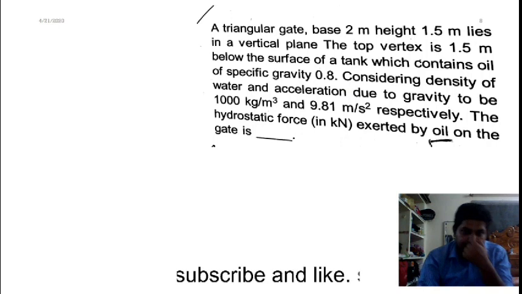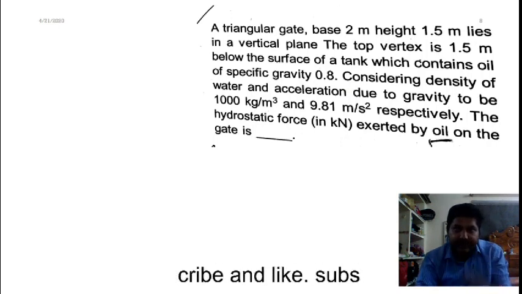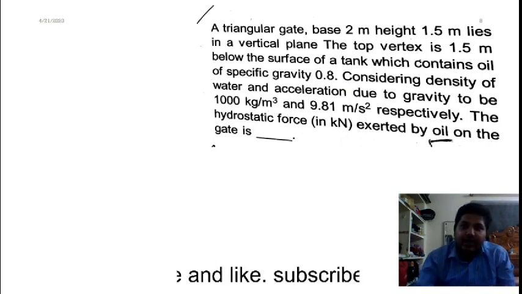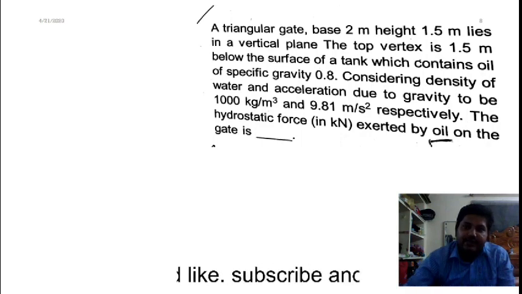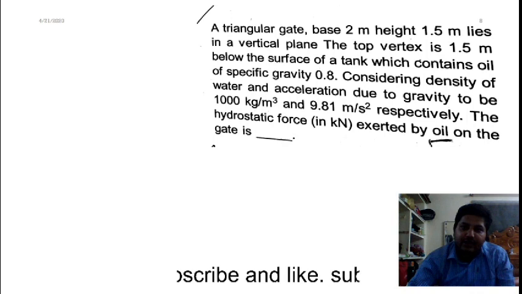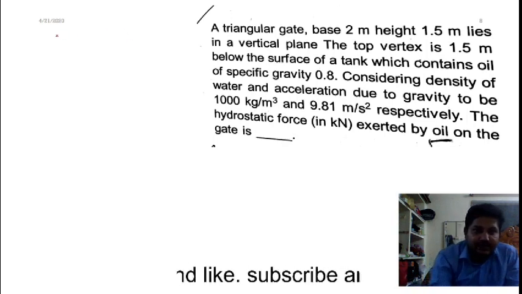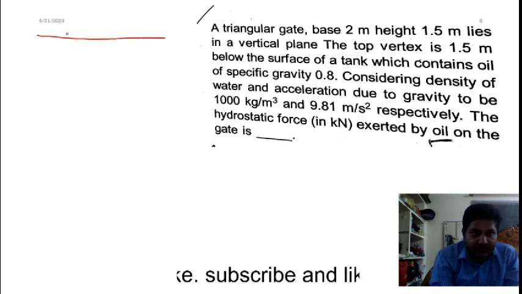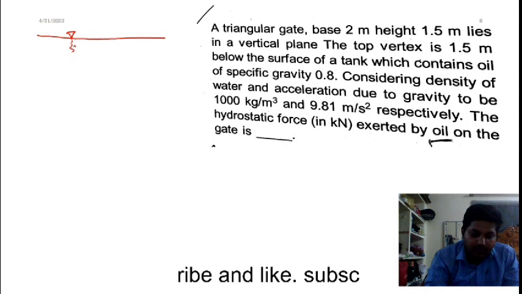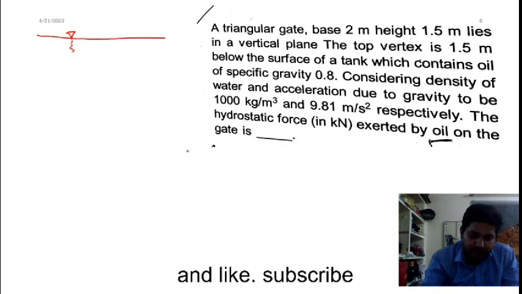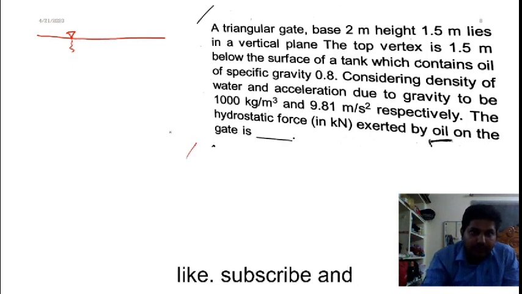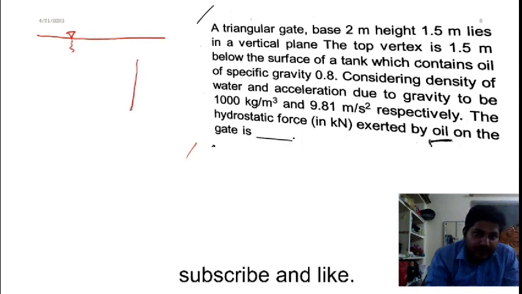Now for the triangular gate, it is saying 2 meter and 1 meter, and it lies in a vertical plane. The top vertex is 1 meter below the surface of the tank. So it is like this. This is the free surface of the water. Here one triangular plate is there.